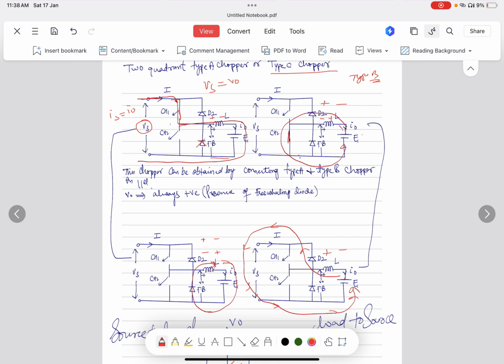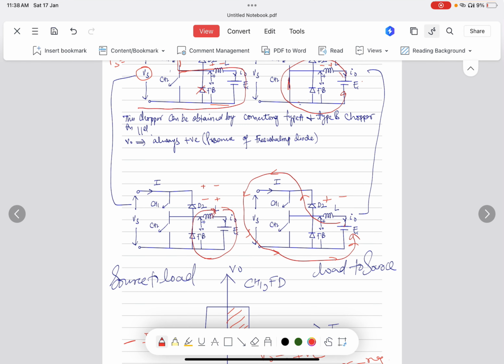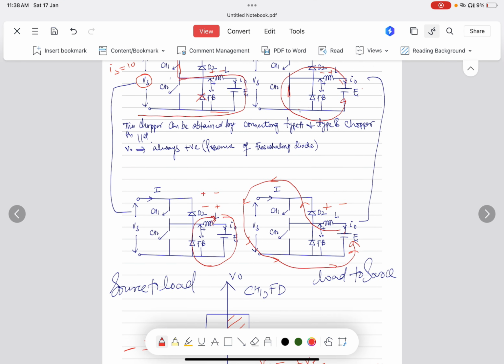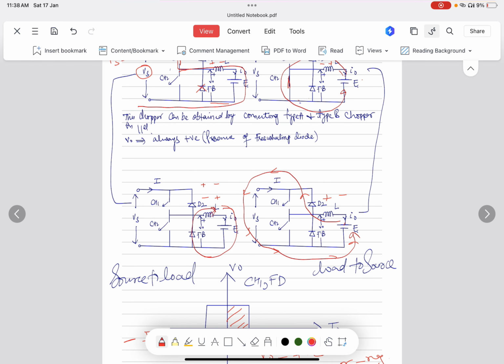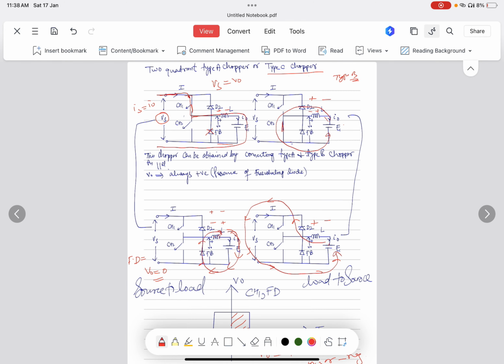Also, when the switch CH1 is again off, we have opened the switch, and the current starts flowing through the freewheeling diode. When the freewheeling diode conducts, the output voltage is equal to 0. This is one of the main differences.